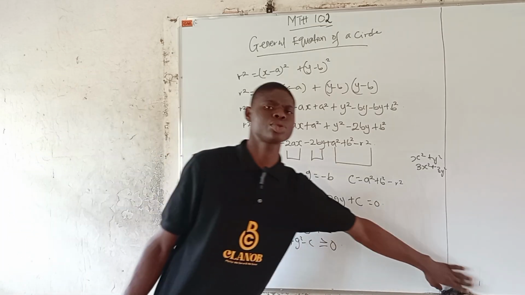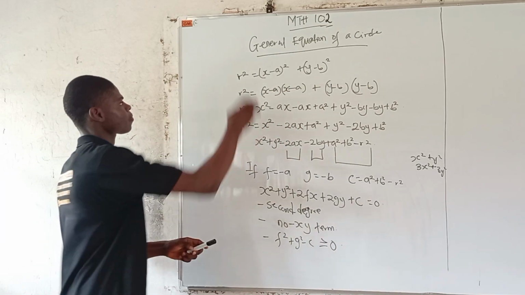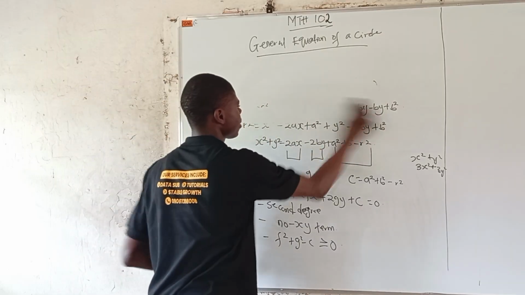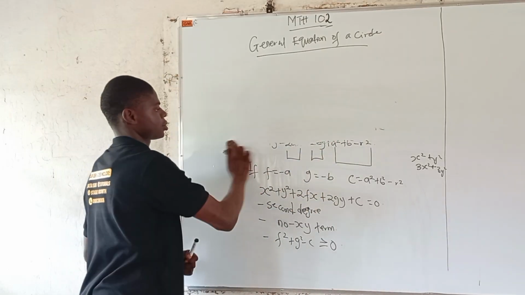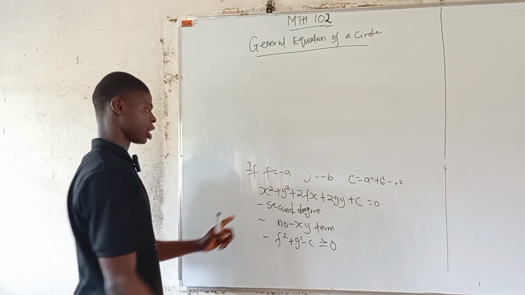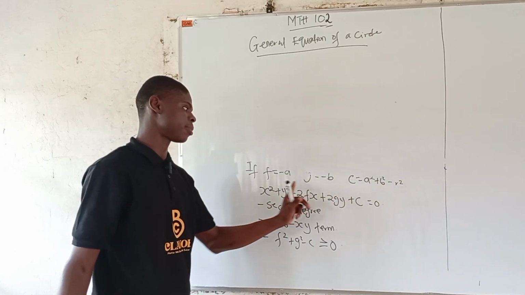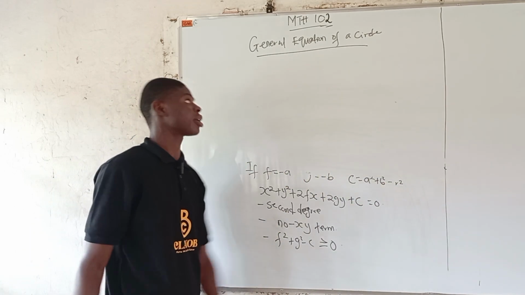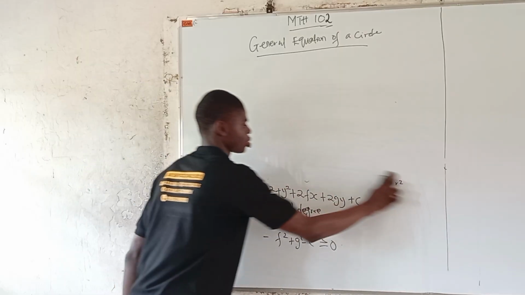So let's take an example to understand this properly. Now don't forget, a and b represent the center, while r represents the radius.